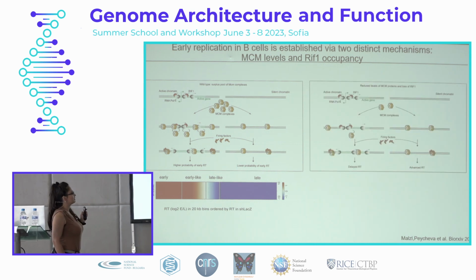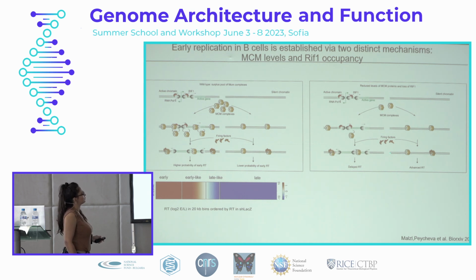And the interesting phenotype that we saw is that when we knock out RIF1, yeah, I'm sorry, I didn't fix this model, so imagine that there is no RIF1 here. When we knock out RIF1 and deplete the MCM molecules in these early regions, there is no RIF1 binding to activate origin firing, and we have less loading of MCM molecules, so this actively transcribed open chromatin becomes later replicating.